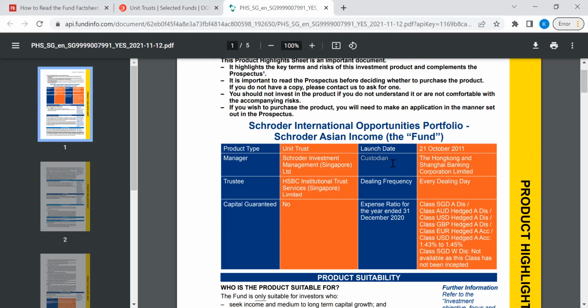So what is this custodian? The custodian is the party who holds the investment. You can think of the custodian as the people safeguarding the assets and money, whereas the manager is the one that decides where and how to invest.